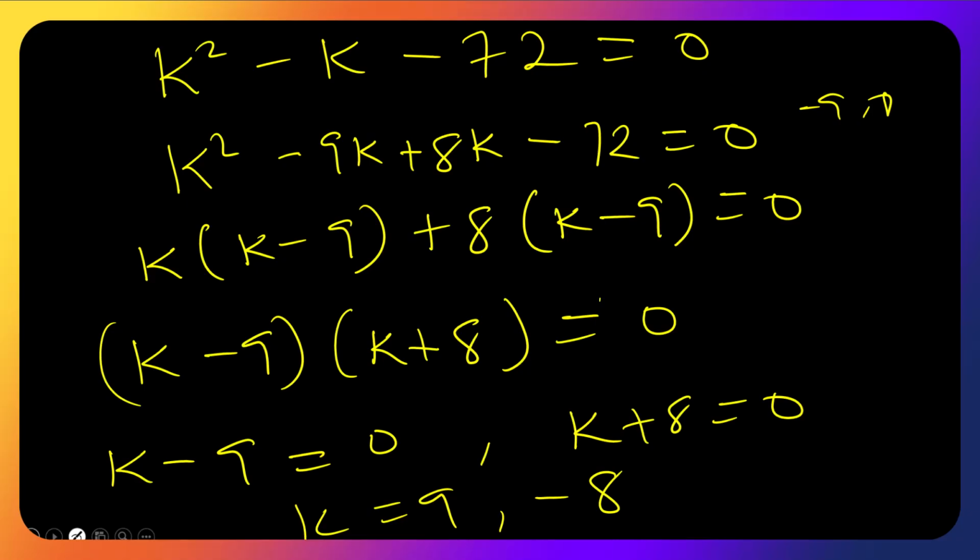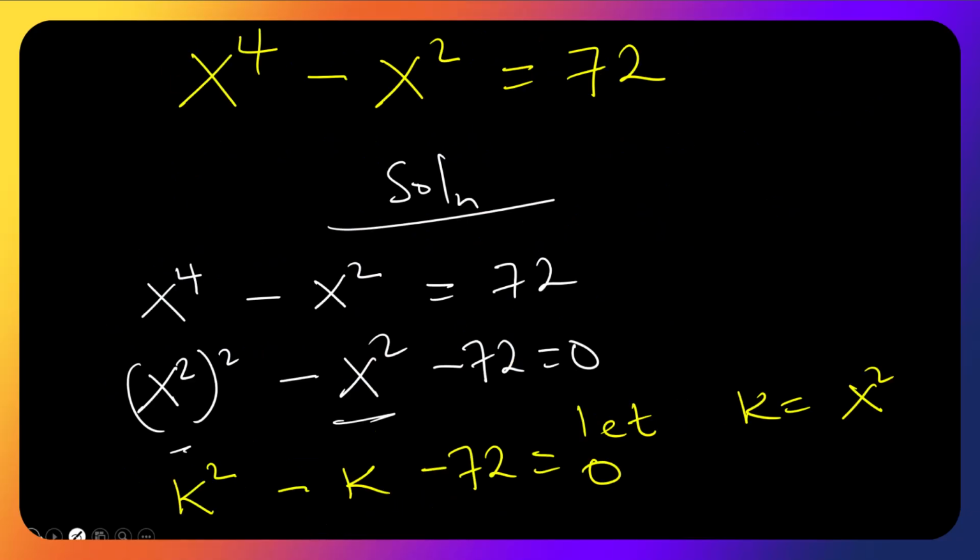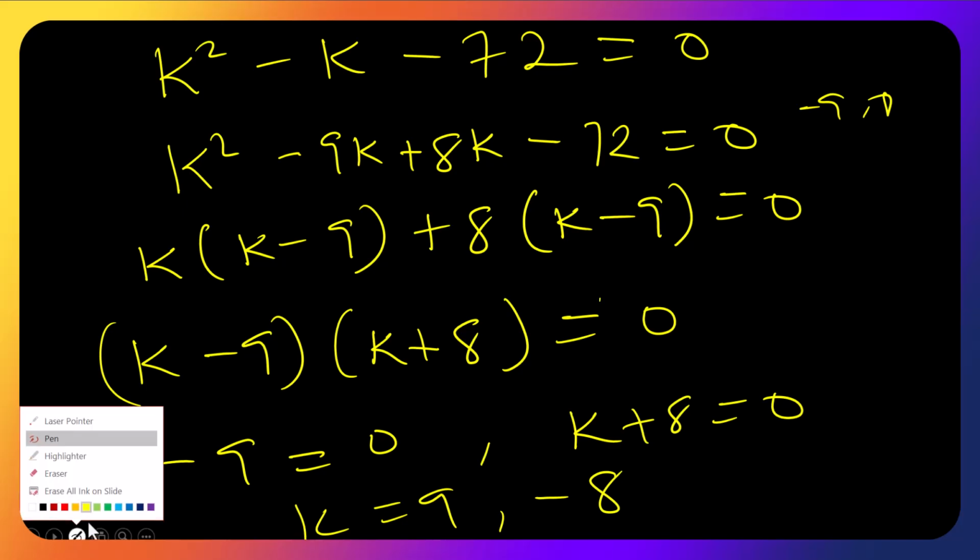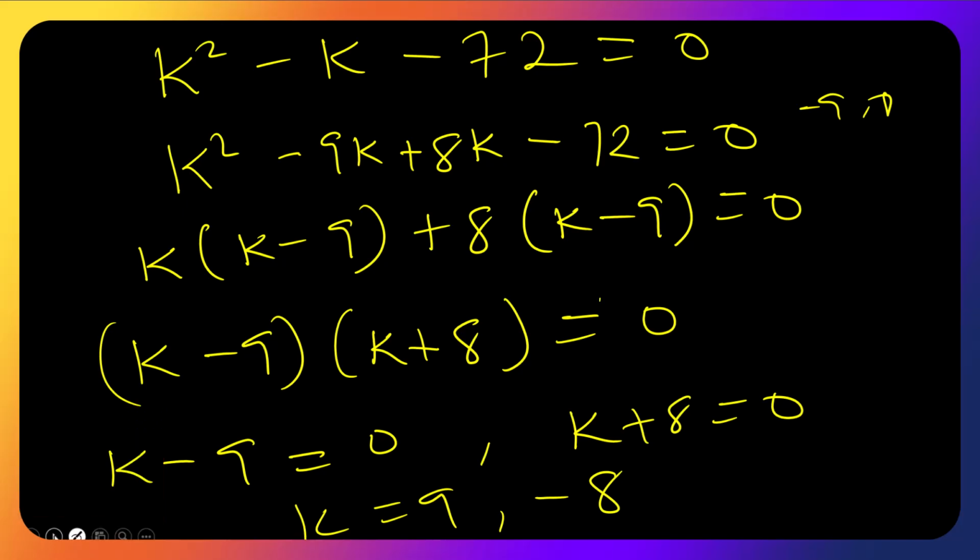Now let's go back and recall. Since we represented x squared by k, x squared is k.